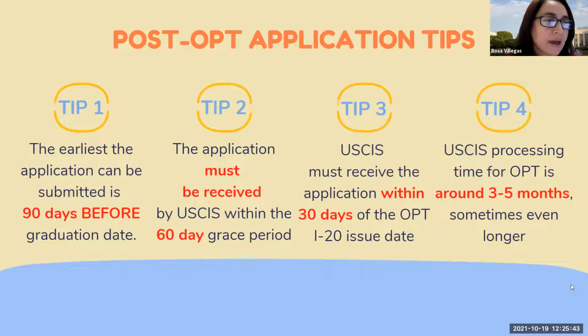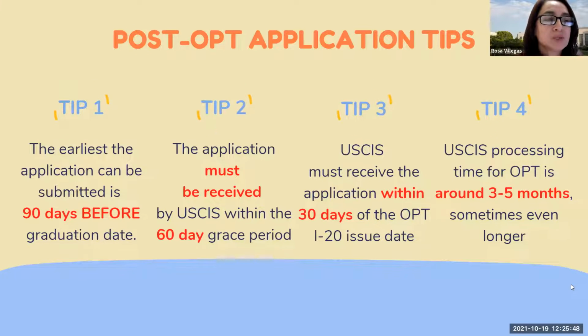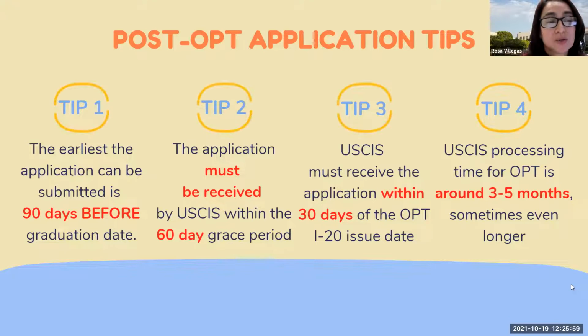So if I issue an I-20 for Luigi today, you have to submit your application online or mail it in within 30 days from today. If you do it at 40 days, you increase your chances of being denied because USCIS didn't receive the application within 30 days of the I-20 issue date. When we issue the I-20, it's going to have our name and an issue date. That's the date you're going to start counting 30 days from.